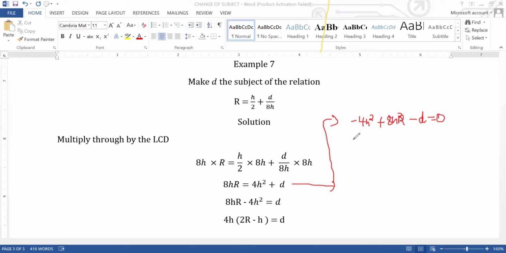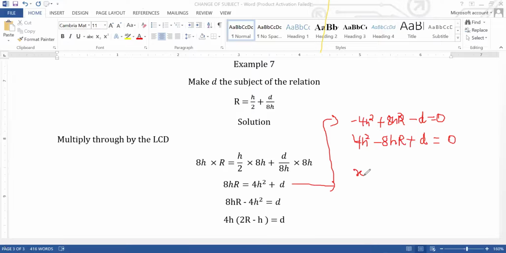So you will literally have, let's multiply through by minus, so that our quadratic becomes very friendly and lenient. 4h squared minus 8hr plus d is equal to 0. So now you have to use the quadratic formula. And what's the quadratic formula?